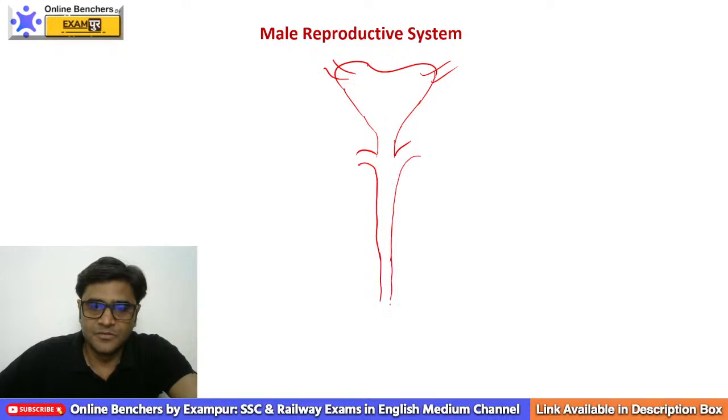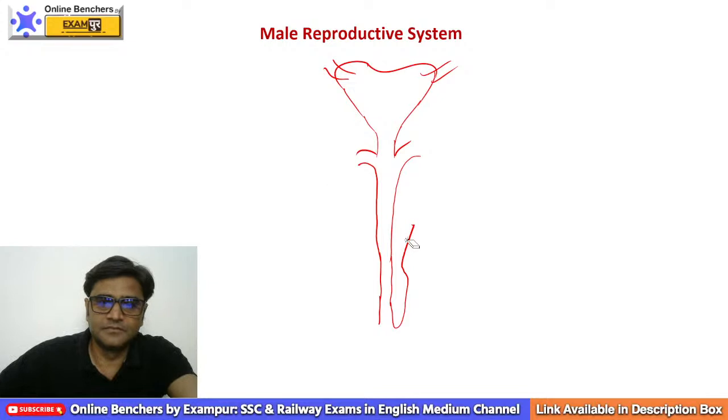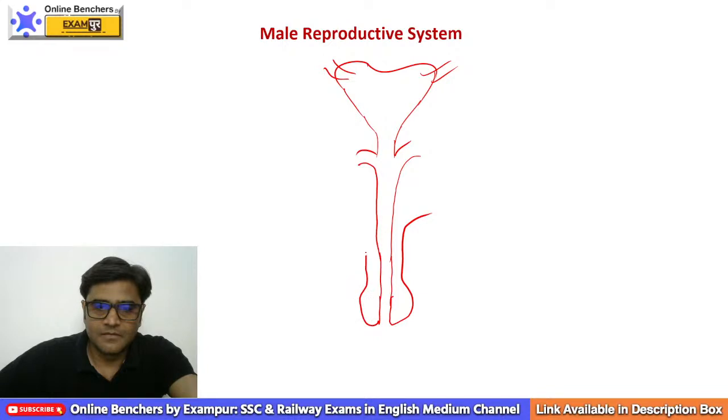We are going to draw the different parts of the male reproductive system. As we know, in male, one pair of testes is present.